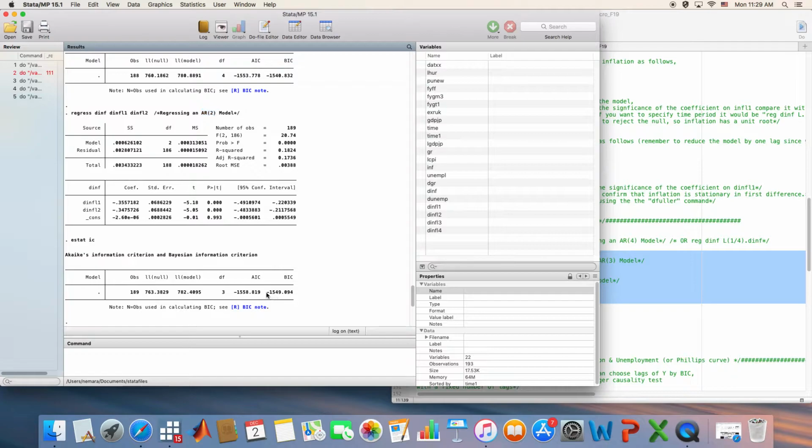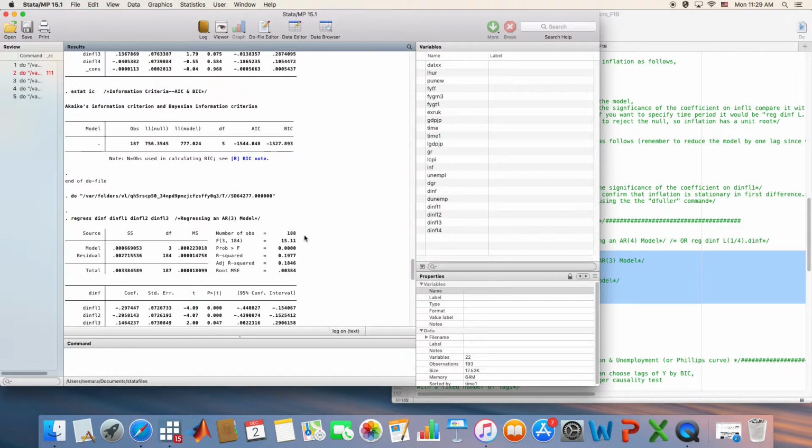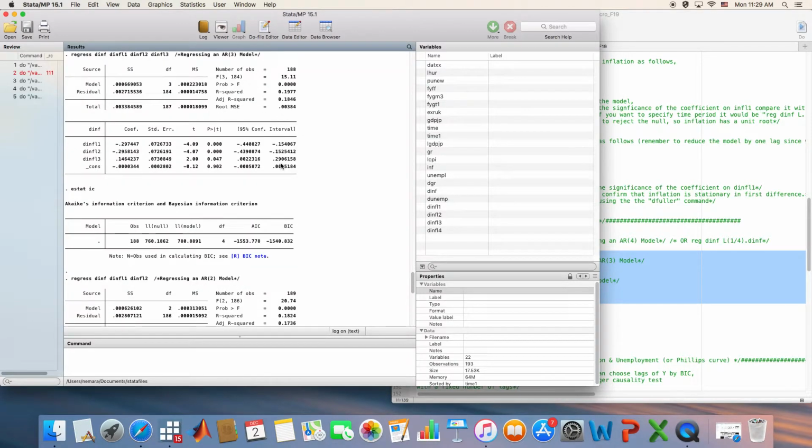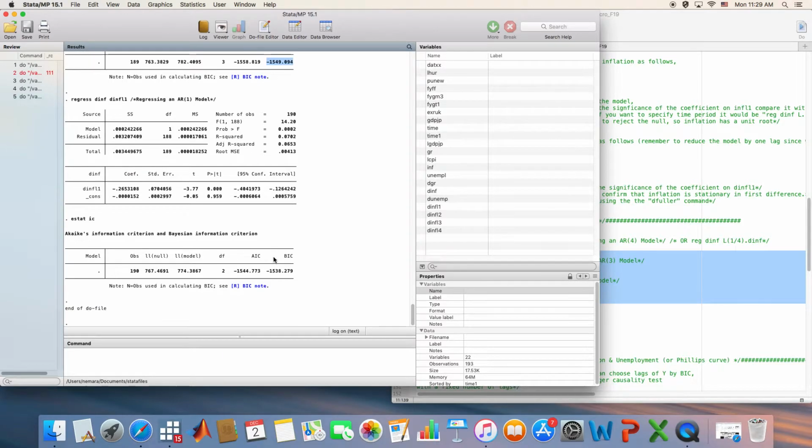And actually, if you compare the BIC in the three models, you would get the same answer. 2.7, 4.0, 4.9, 3.8. So 4.9 is the largest negative.